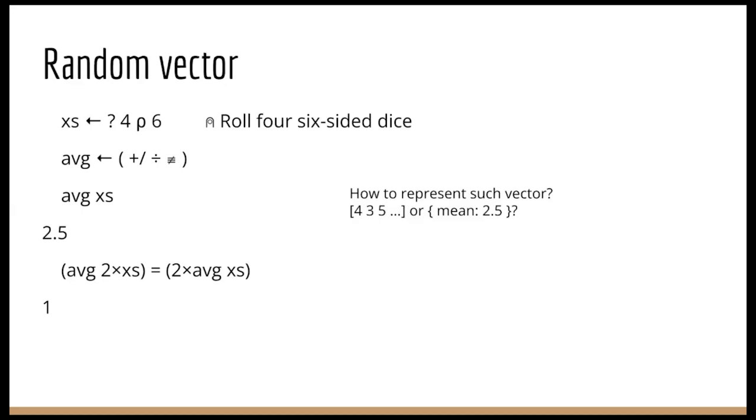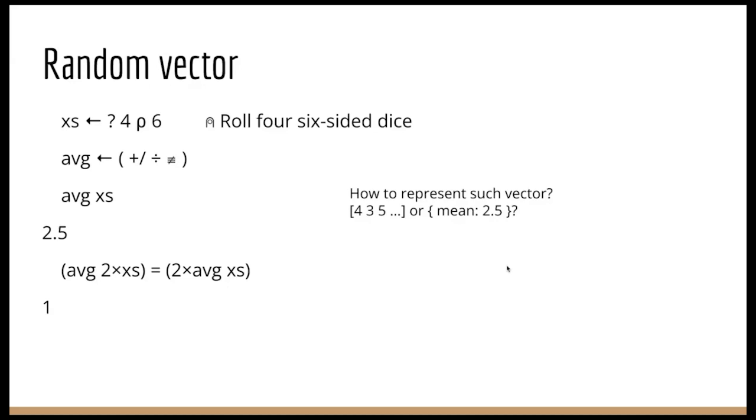And the good thing is that we do not actually need to perform that operation on all the values, because the average of, let's say, doubling all the inputs is the same as doubling the average of those values. So to represent the vector, instead of storing all the elements, we can just store its mean and then compute the transformations in constant time.